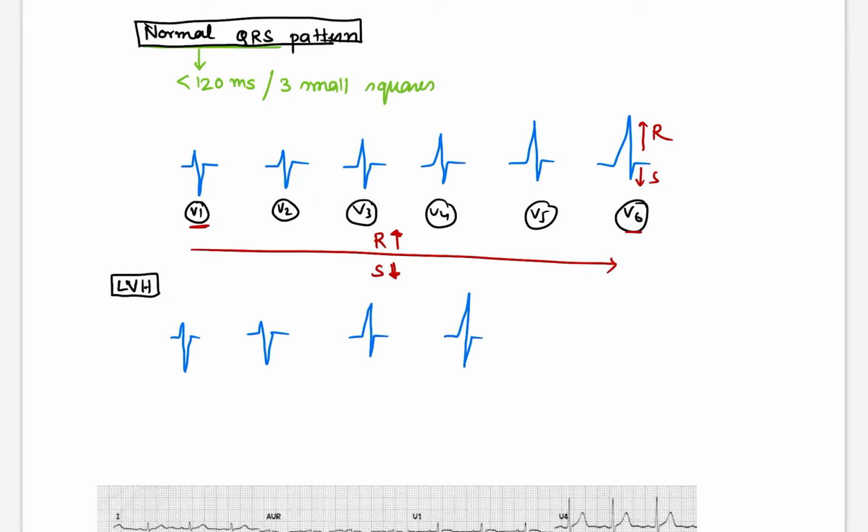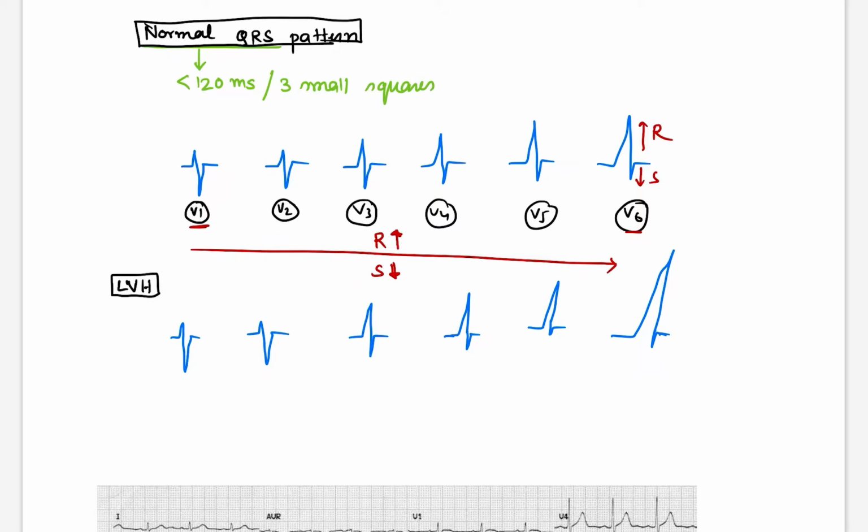As we progress from V1 to V6, the QRS complex will be like this. So these are the changes in case of left ventricular hypertrophy.